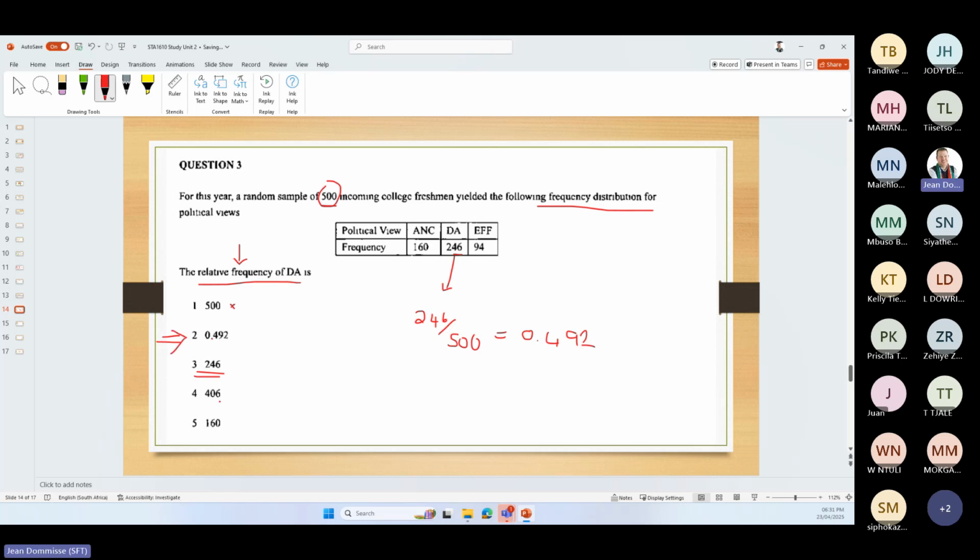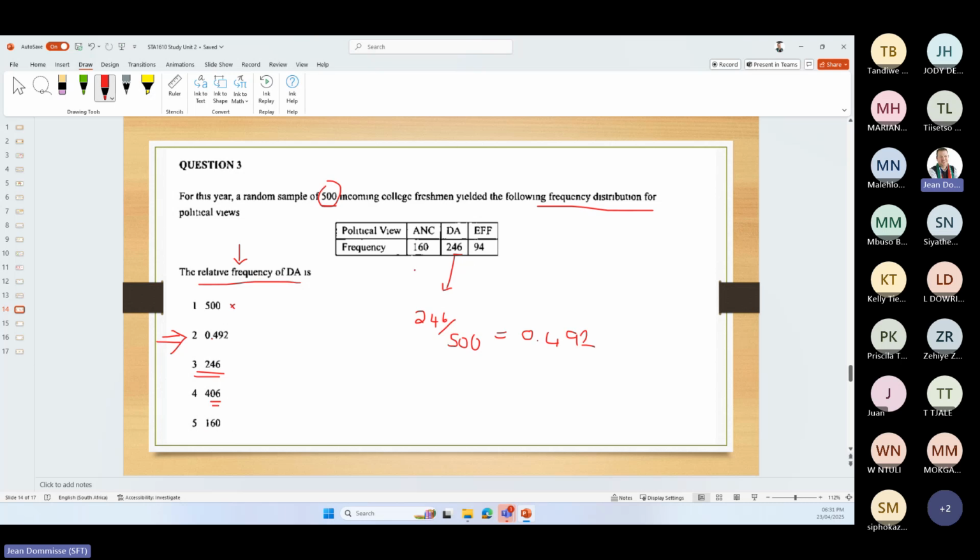Look at what they do as well. Just to confuse you, if you add 160 plus 246, there is a number for you, the 406. So if you said that relative frequency means the ANC and the DA, there was an answer for you.